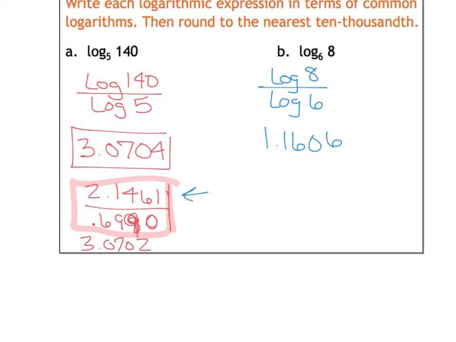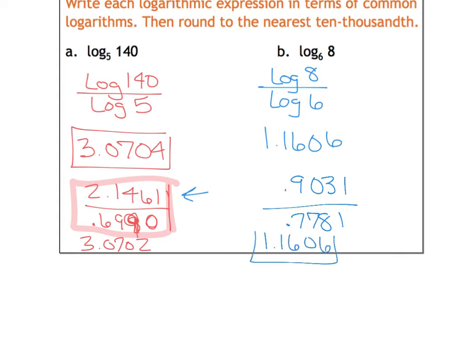So log 8 will give me 0.9031 divided by log 6 is 0.7781. So I'm going to divide that out. And that will give me 1.1606. So that one came out to be exactly the same.